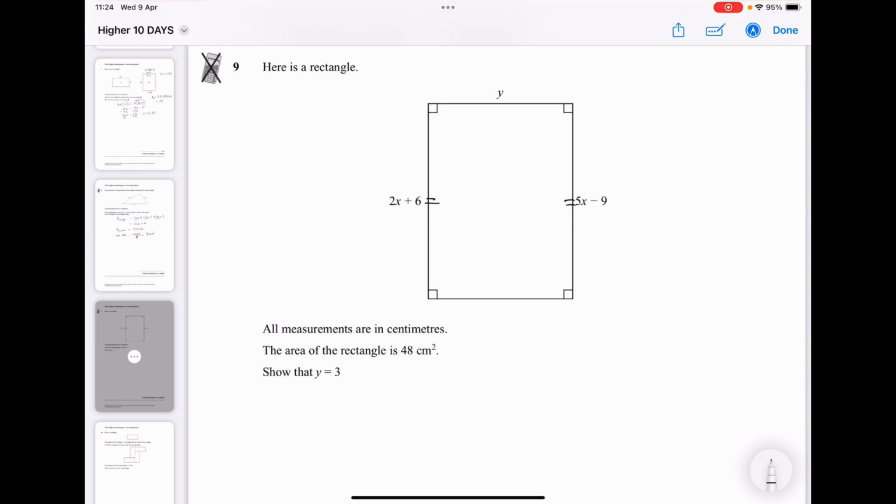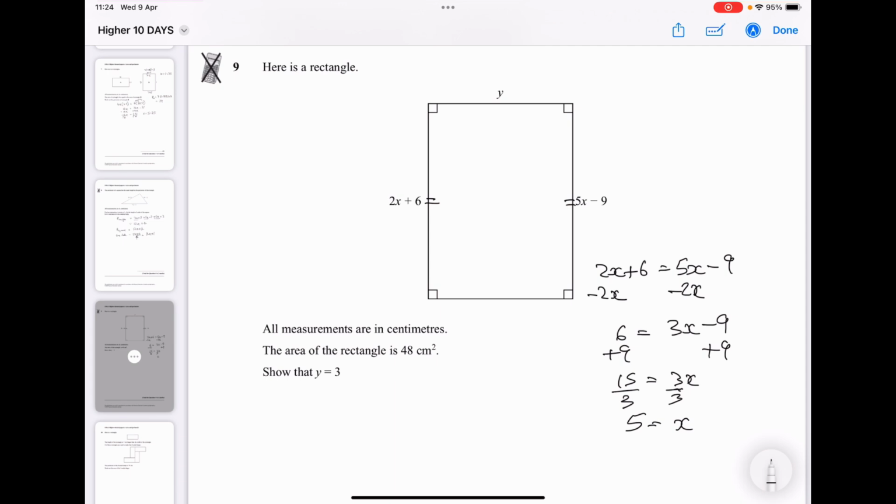So I've got 2x plus 6 equals 5x minus 9. If I take the 2x, that gives me 6 equals 3x minus 9. If I add the 9, I get 3x equals 15.